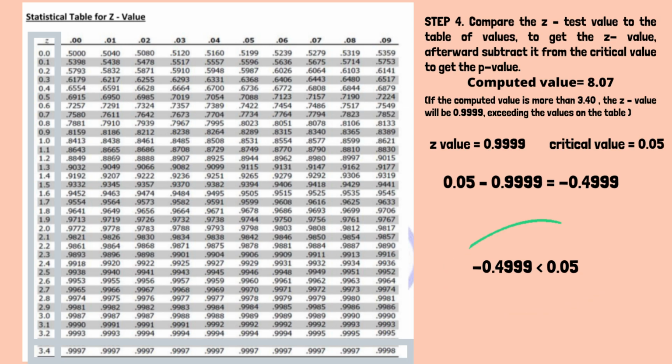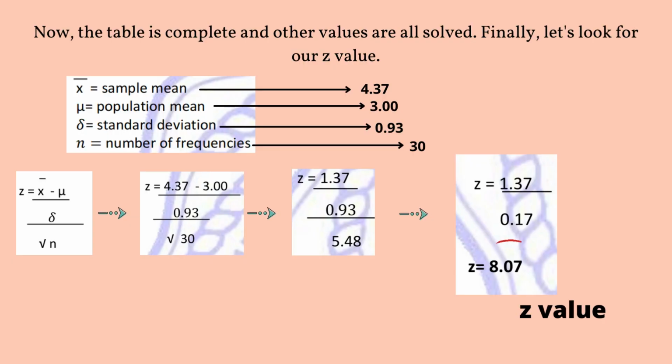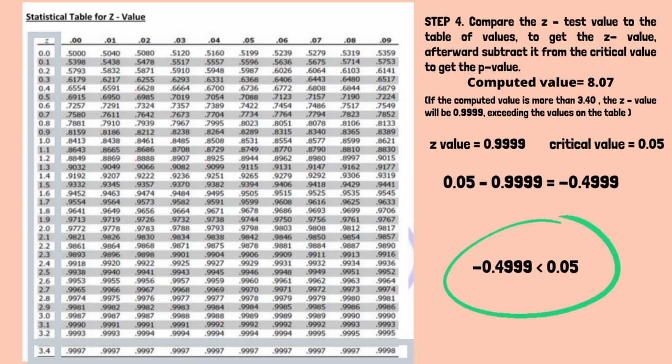Okay, so our computed value kanina is 8.07. Ito, di ba, balikan ko. 8.07. So, ngayon, ang 8.07, dito sa table, sa statistical table for C-value, tingnan natin, dito sa pinaka, ayan, yung may box na gray, pinaka-vertical, as we can see, wala tayong makitang 8.07 kasi hanggang 3.4 lang.